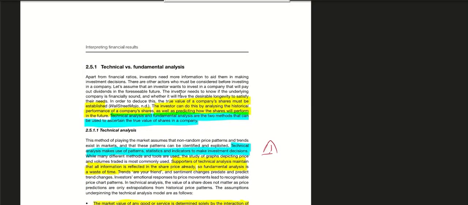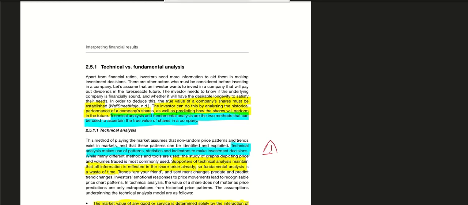Obviously, there is a good read about technical and fundamental analysis. I want you to have this read. It's the best way to understand the investment side of things. You see, technical analysis will look more at trends, past trends.